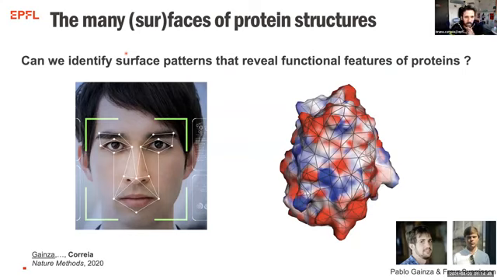Okay, very good. So I like to make this analogy: studying protein surfaces is just like studying people's faces. When you learn enough about the patterns you see in people's faces, you can tell many things about where they come from and their state of mind. Same thing for proteins. Or at least that was the hypothesis that we had.